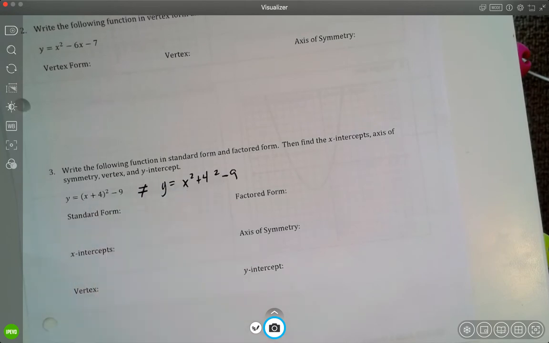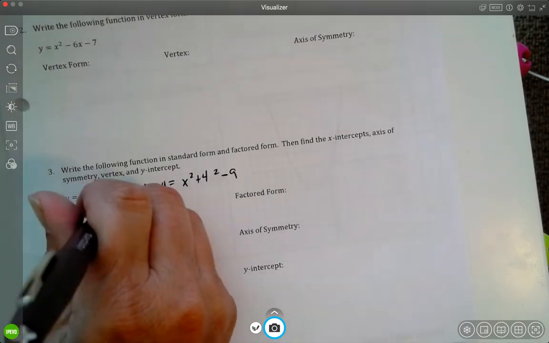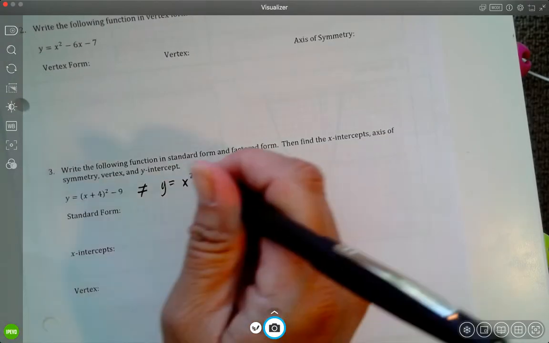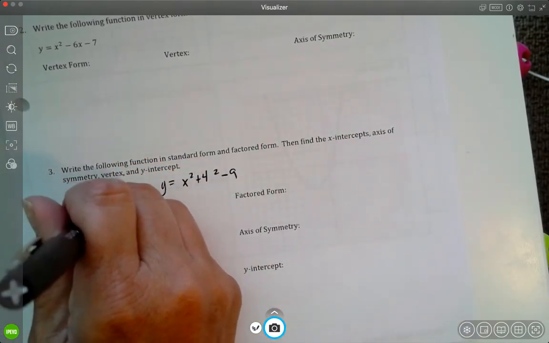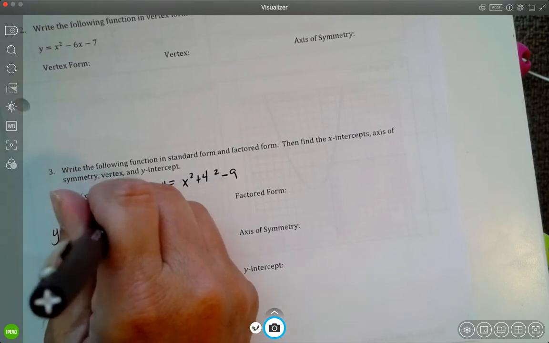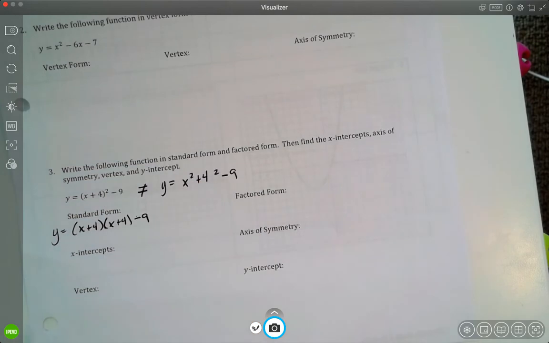Actually, what we want to do is FOIL this out. So to start doing standard form, we want to write y equals x plus 4 times x plus 4 minus 9. Then we can FOIL this and subtract the 9.